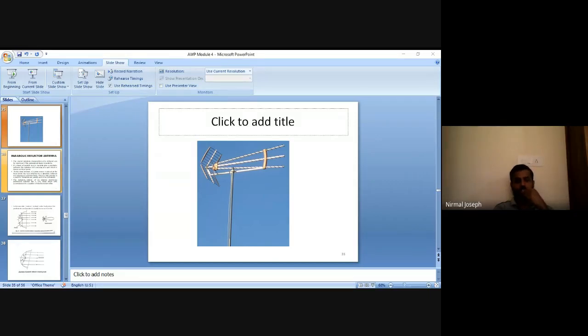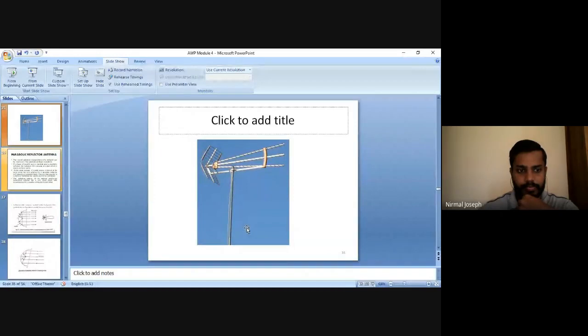We used to capture it with this kind of antenna, normally a Yagi-Uda antenna with a reflector. You can see the reflector on the leftmost side. This is a classical example of a corner reflector antenna.